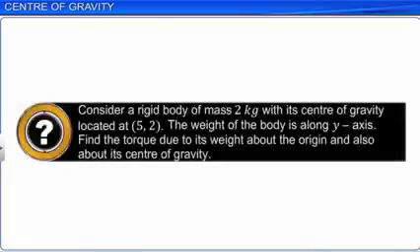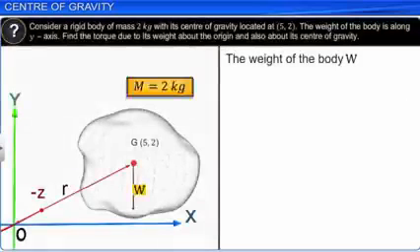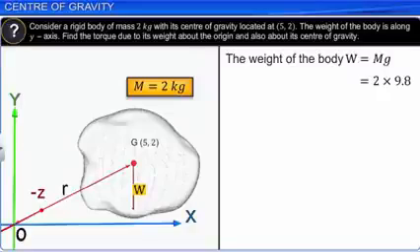For example, consider a rigid body of mass 2 kg with its center of gravity located at (5, 2). If the weight of the body is along the y-axis, find the torque due to its weight about the origin and also about its center of gravity. The weight of the body W is equal to mg is equal to 2 into 9.8 is equal to 19.6 Newton.